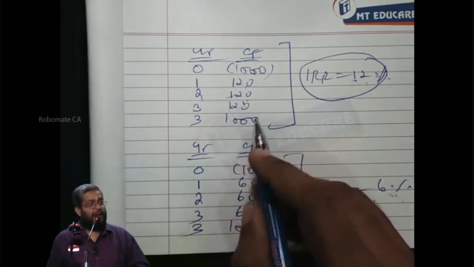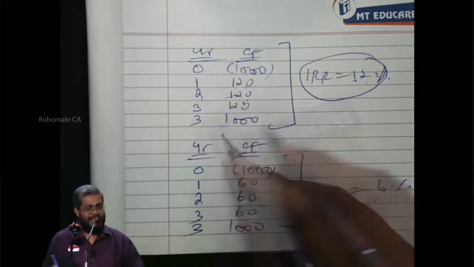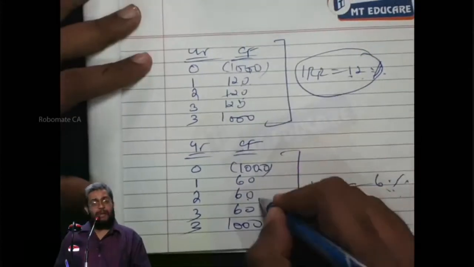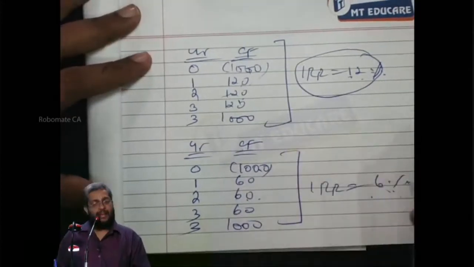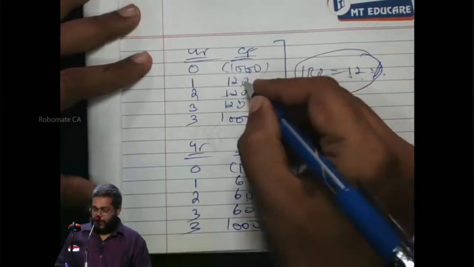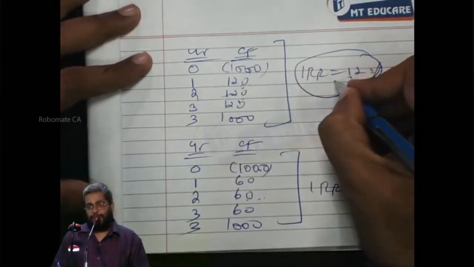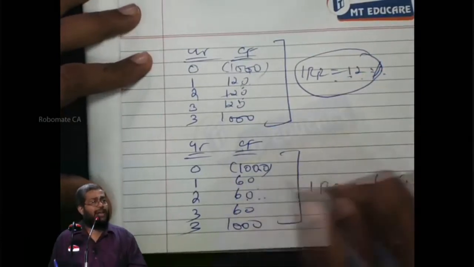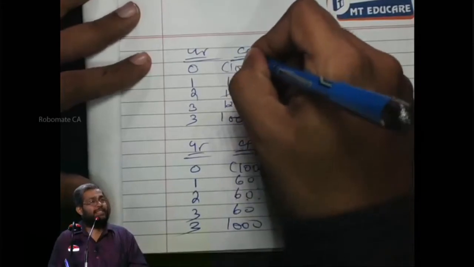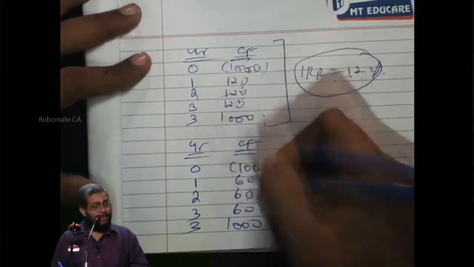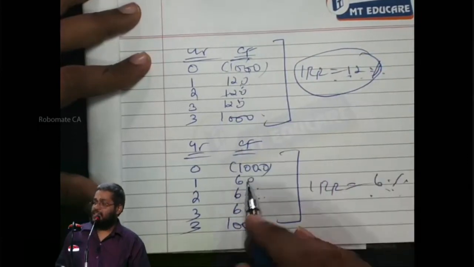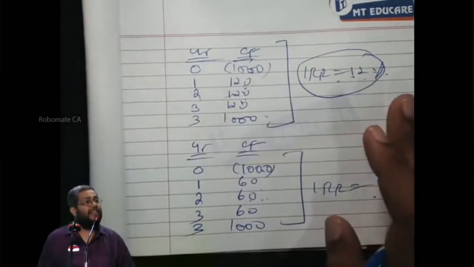Before tax only. Because I have not paid tax on the cash flow, I should not expect tax to be paid here. Yes or no? And if I expect an after tax rate of return, then the cash flow also should be what? After tax. So simply, before tax cash flow should be discounted at before tax, and after tax should be discounted at what? After tax. If I discount this 120 at 6%, I will not get the bond price of what? 1,000. I get the same 1,000 bond price if I discount 120 at 12% and 60 at 6%. Everybody having the clarity or not?